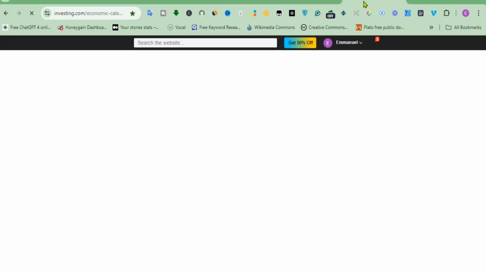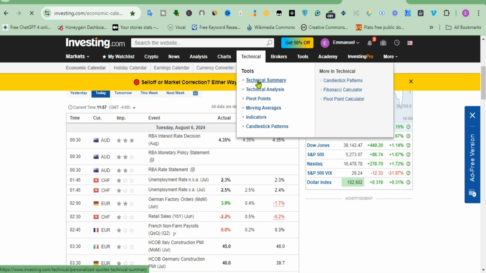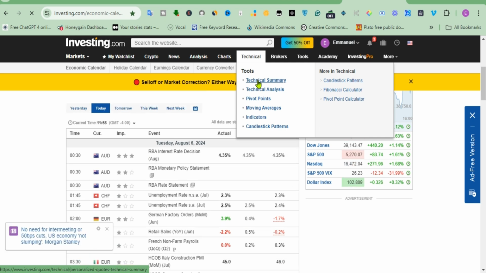Go to investing.com. When you get there, go to technical. Of course, you register with your email and password. It's free. So you go to technical and then to the technical summary.